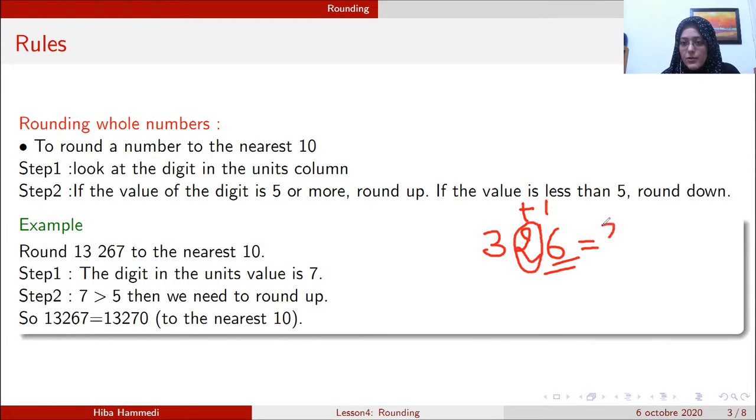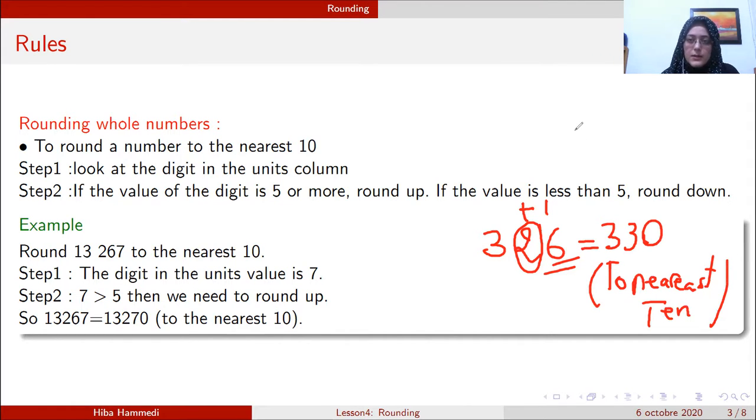So it will be 330. And I need to ignore every value after the value of tens. So it will be 330. And this is rounded to the nearest 10, right?